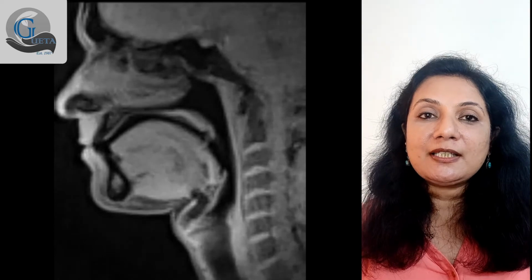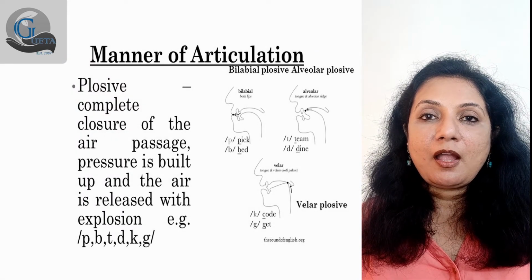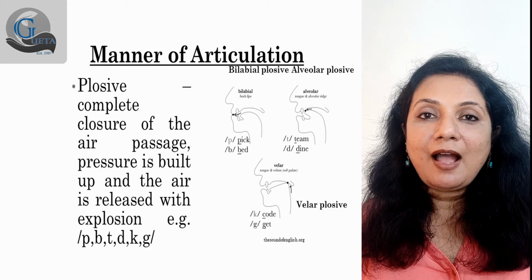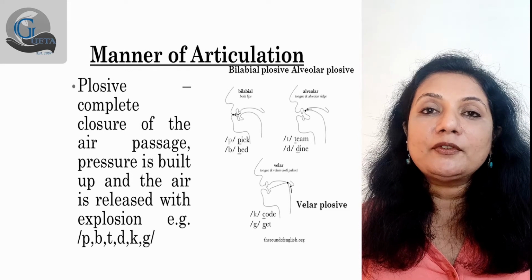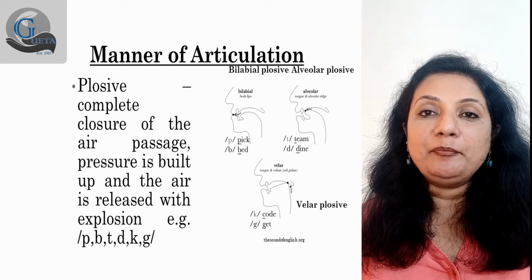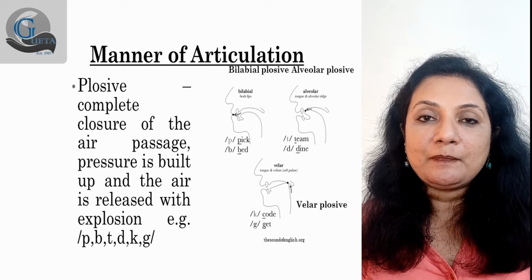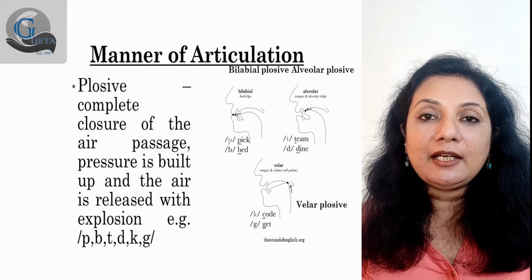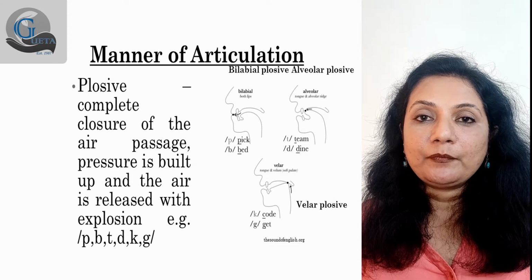So the first sound is plosive. Plosive sounds are uttered with a complete closure of the air passage. Then pressure is built up because the air passage is closed, there is more pressure, and then the air is released suddenly. That is known as plosive sound.